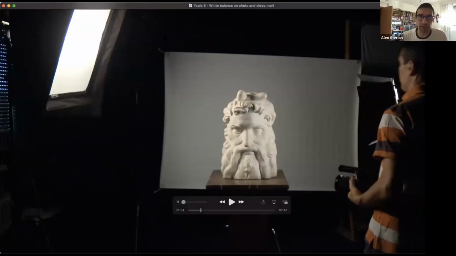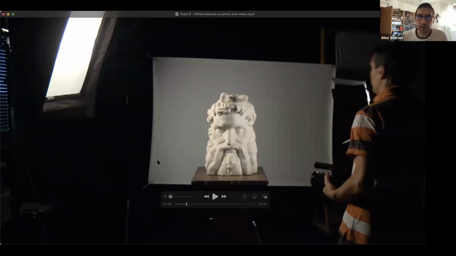Not sure if you've seen the video, but I will go really fast through these things here, especially when we balance the camera on a certain value, 3200, let's say, and we change this to a different value like 5600.